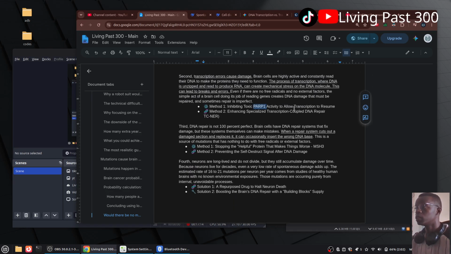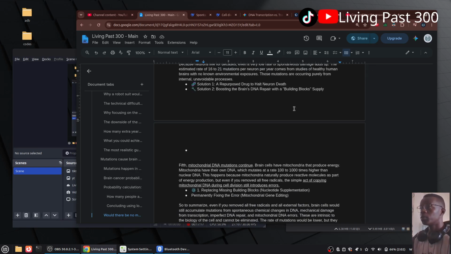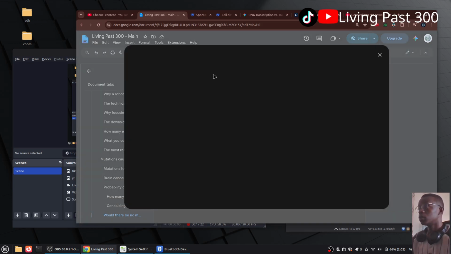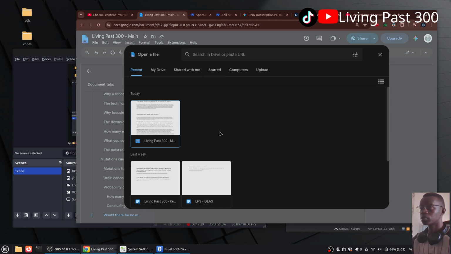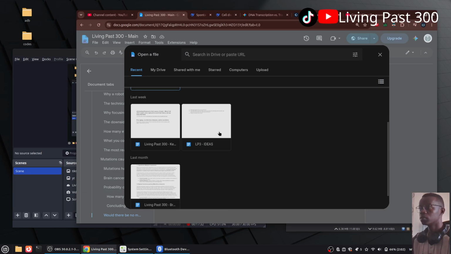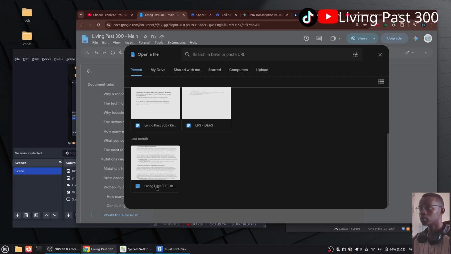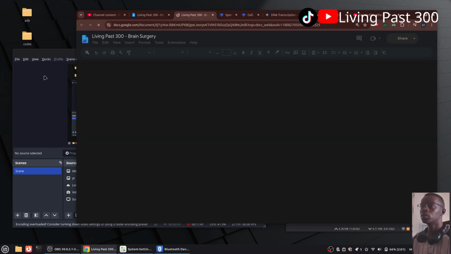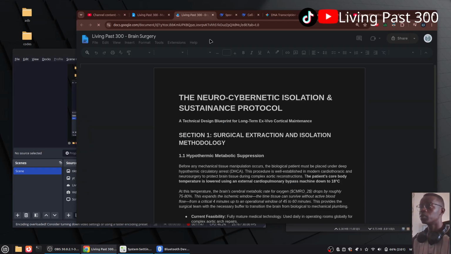Maybe I would have to add more details on everything here. But today I wanted to dive into the surgery that would be needed. So let's say at one stage maybe the only option is doing surgery and conserving the brain in an external support system, like maybe a robot suit or something.